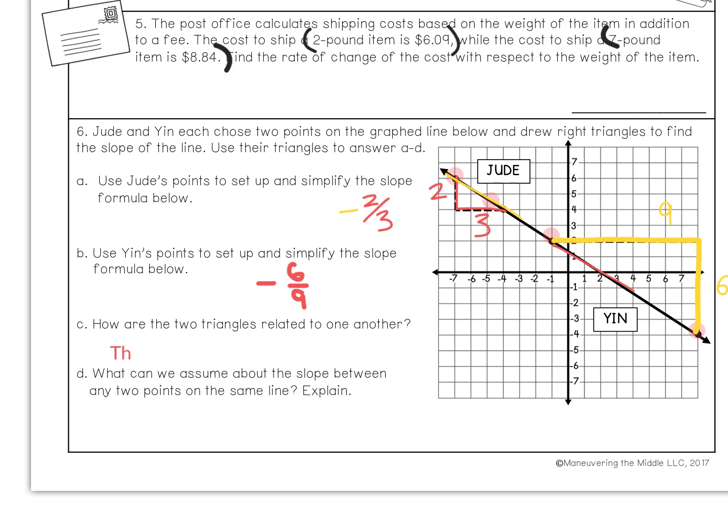Well, they share the same slope, and their long side is on the line. If they both don't have the long side on the line, then they would not be similar.